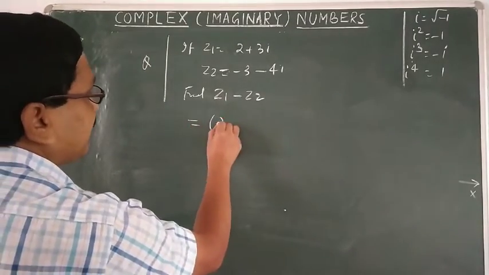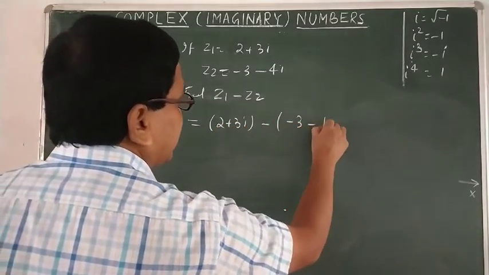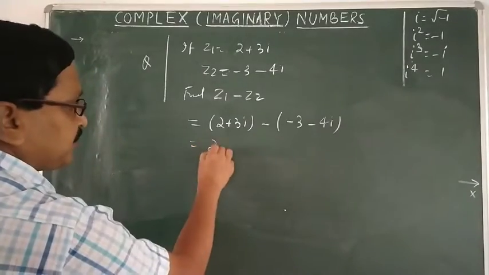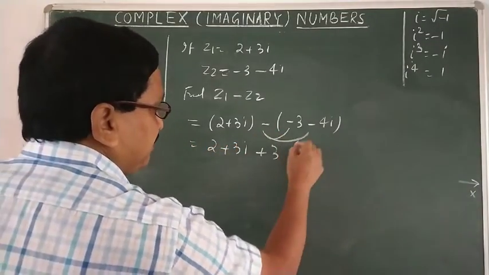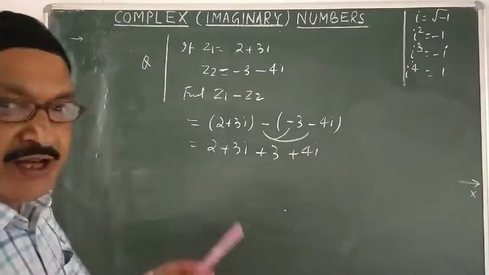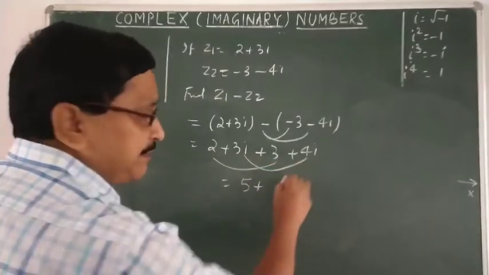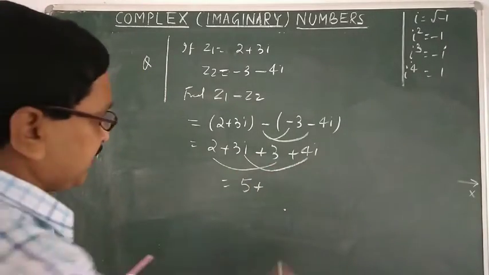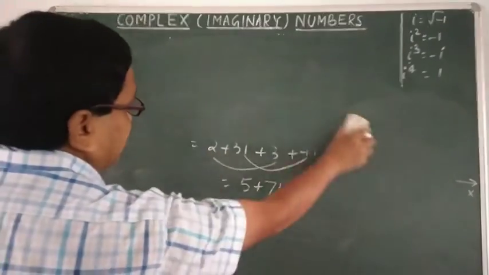Write the value of z1, 2 plus 3i, minus z2, minus 3 minus 4i. Now this is 2 plus 3i plus 3 plus 4i. The real part is added to the real, 5, and the imaginary part is composed with the imaginary, this is 7i.